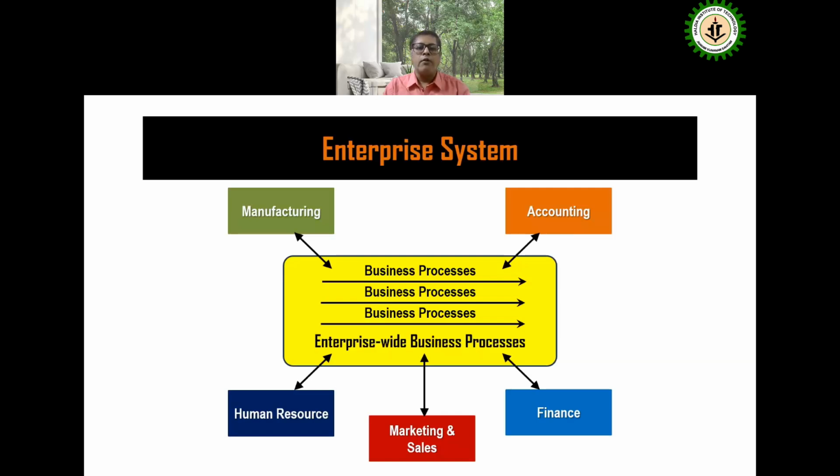So that task of re-entering the data from one department to other could be saved, as well as the cost which is required for such inter conversion, that could be saved. So this ERP system can make savings of both time as well as cost.